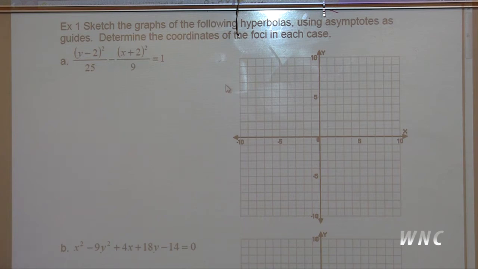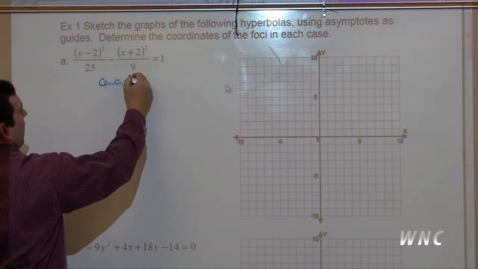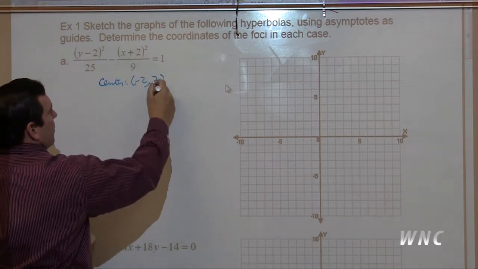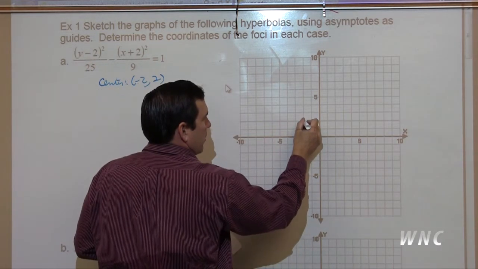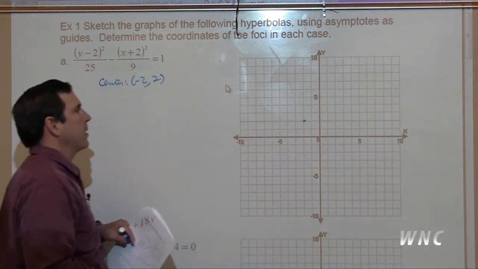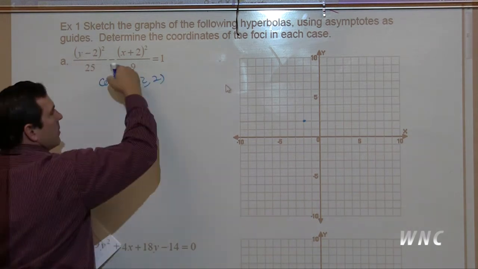Determine the coordinates of the foci in each case. So our center is going to be at negative 2, 2. That's our center. And this is going to open vertically because the y part is positive.